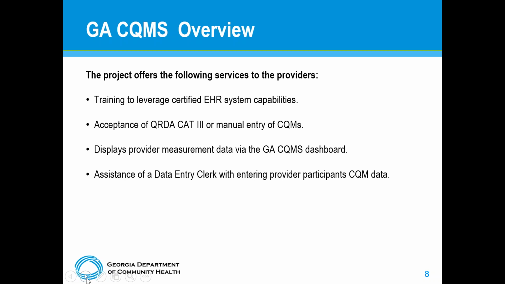The equivalent on the claim side would be like an 837 X12 transaction, 5010, sort of claims transaction. But on the EHR side, it's an HL7 derivative, QRDA Cat3 file, or it can be manually entered.